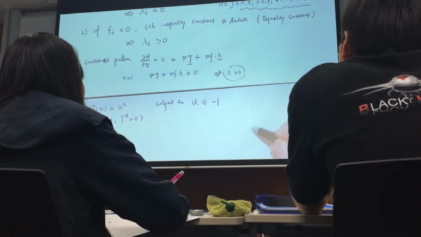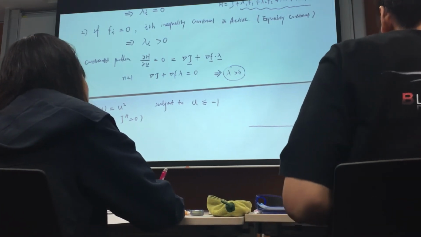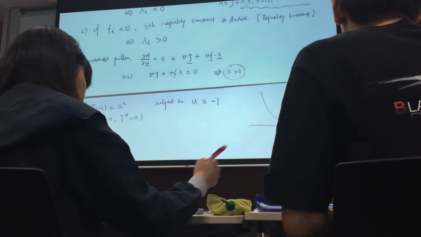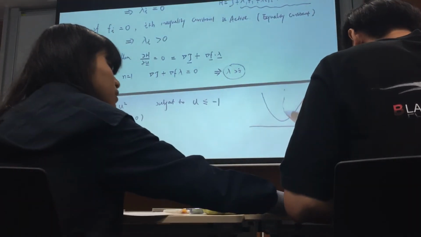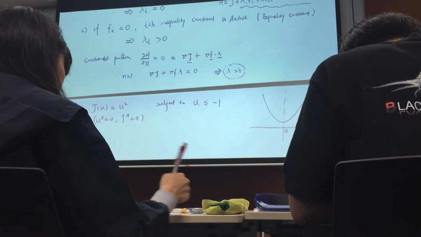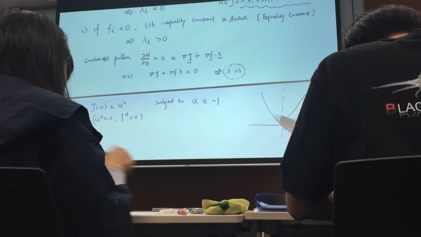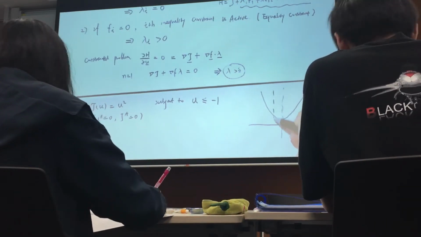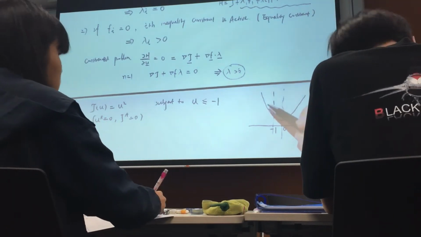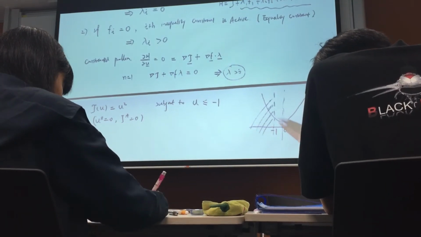If we plot the problem, we have U and U squared, which is a quadratic function, with the minimum at U equal to 0. But now we define U must be smaller than or equal to minus 1. So here is minus 1. So these are the constraints.